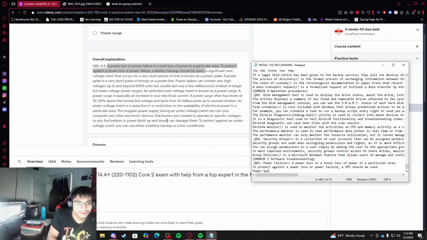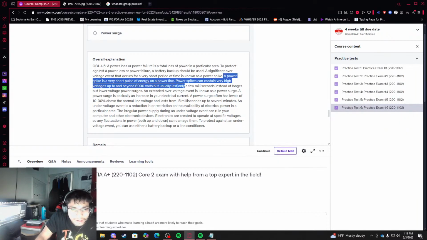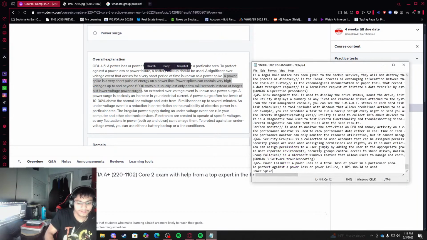Power spike. Very short pulse of energy on a power line.